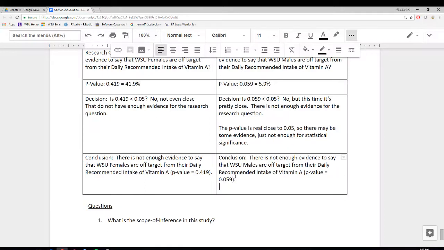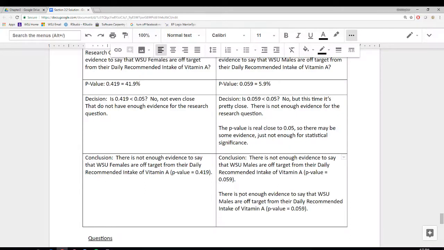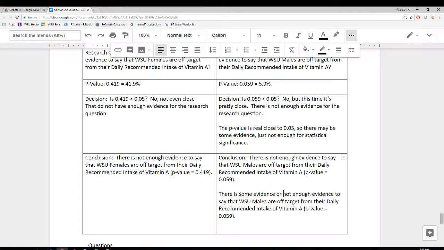Again, taking off the statistician hat, we can say that it was fairly close to 0.05, and therefore we might say there's marginal evidence. So let's go ahead and maybe make the following change to that. There is, what could we say, some evidence or marginal evidence.